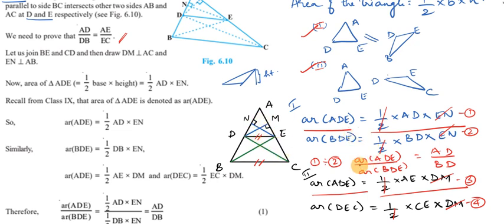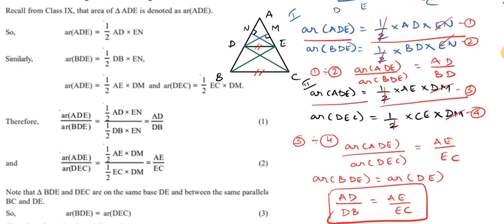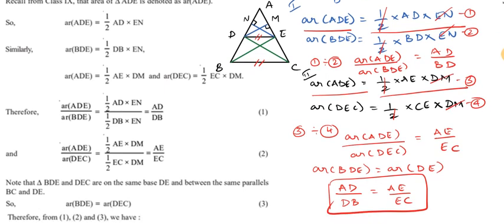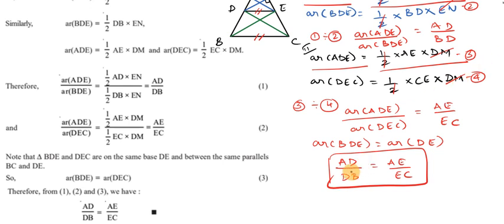So you will get two values, which you divide among themselves, and then you will say that both these triangles are on the same base DE, so the areas will be the same. When the areas are the same, we can equate the right hand sides, that is AD by DB equal to AE by EC, and thus we have proved this theorem.